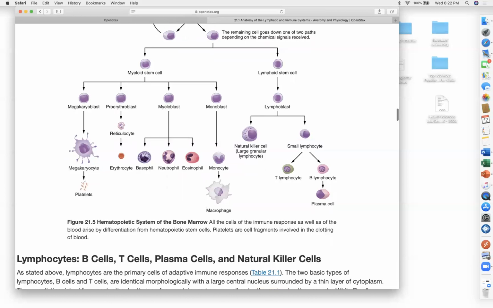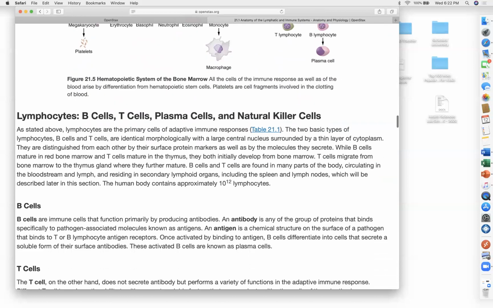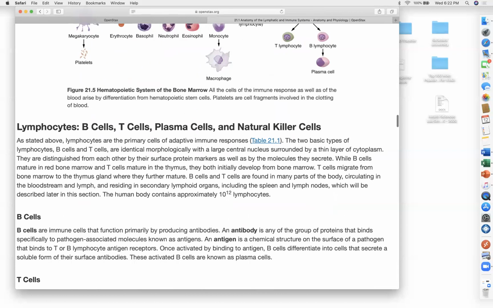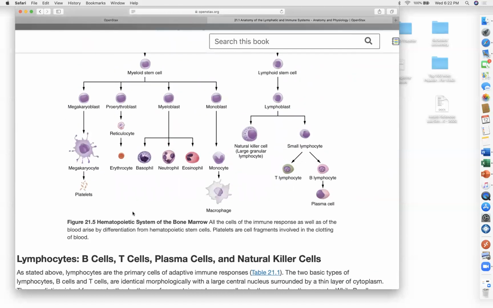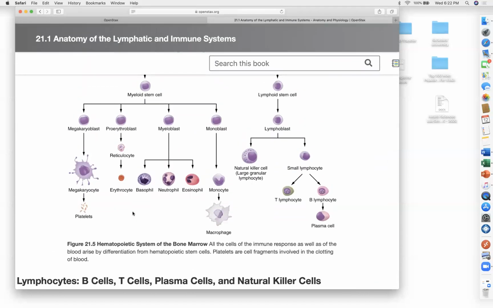And from there, we can identify, what's the word I'm looking for? We can identify whether it's an infection, or a parasitic infection. And I believe there's a chart in your Moodle.